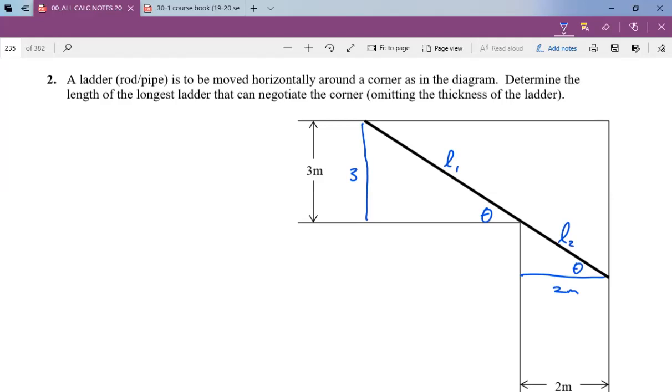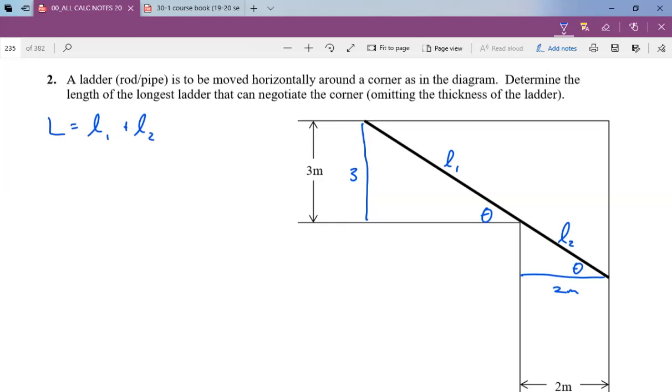And we're going to define our ladder length, capital L, as the sum of those. It is a straight line because those angles are equal to each other. And we are assuming that the corner in this hallway is at 90 degrees. These hallways are perpendicular to each other. And so there we go.